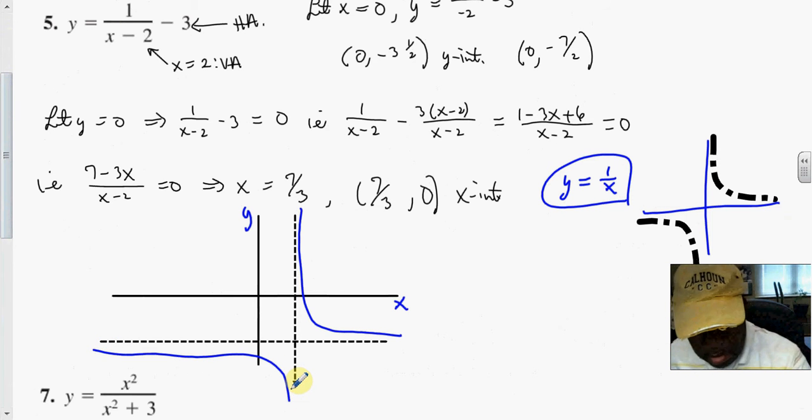Now the so-called x-intercept will be this point here. So it's a little bit to the right of 2, right? And this guy right here is 2 1/3.